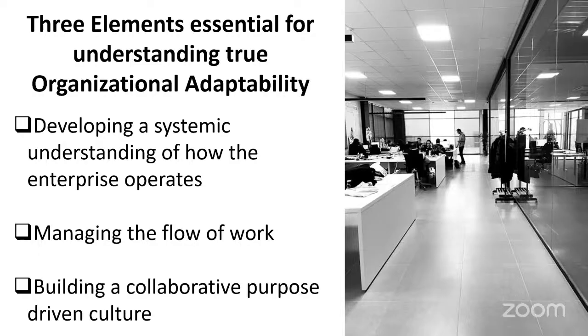As part of this framework, we need to understand the first important thing. What are the elements essential for understanding organizational adaptability? And those three things are, first, we develop a systemic understanding of how the enterprise operates. Suppose you are working in an organization, an enterprise. It has a lot of things. The organization will do projects, programs, portfolios, a lot of things. So how do you manage all these things using a specific technique, using a single framework?